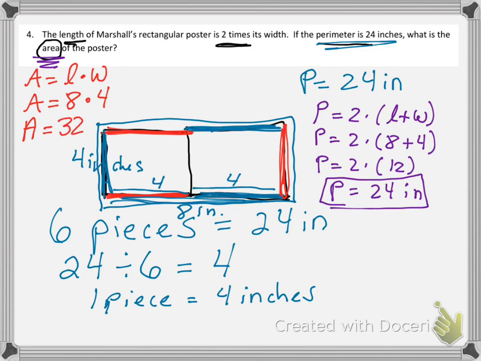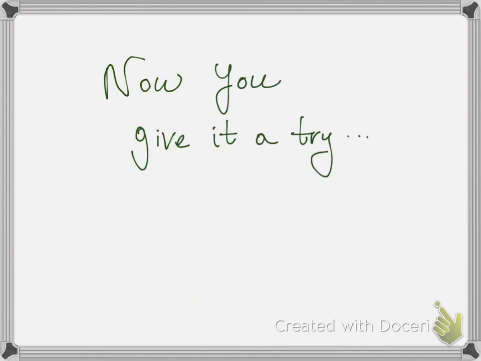And we're talking about inches. We need to make sure we put that squared, because that is the measurement inside our rectangle, not the outside. The perimeter is around and the area is the inside. So we have 32 inches squared. So we were able to answer this question with the help of the perimeter, and the drawing helped us also. All right, guys, now you give it a try.